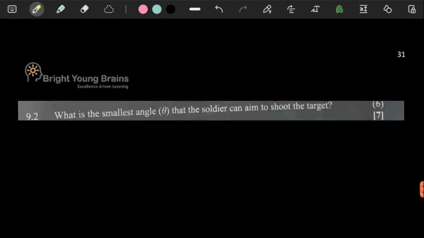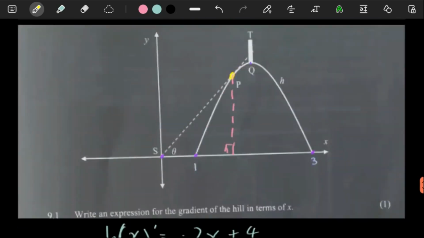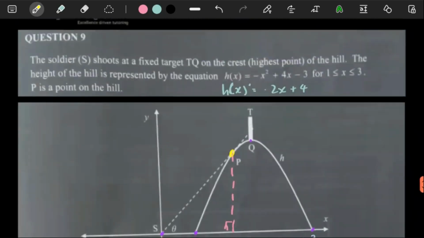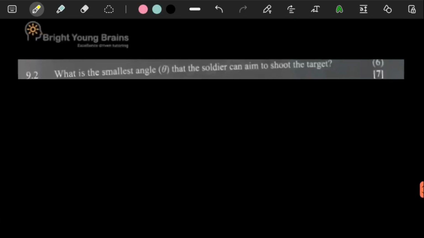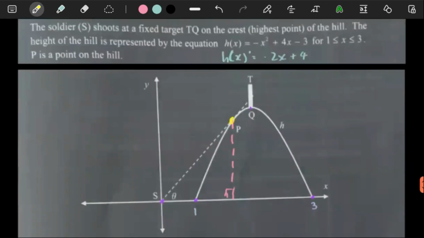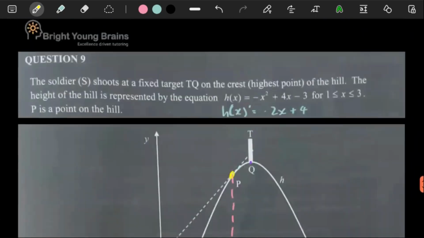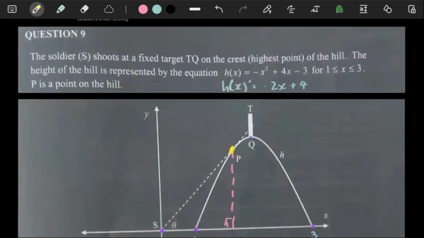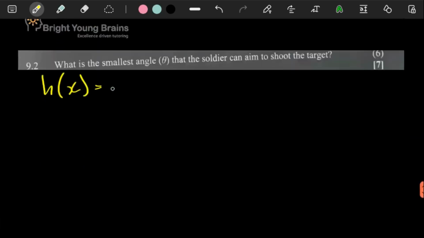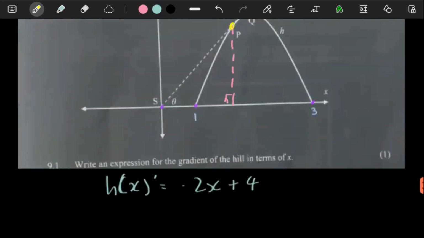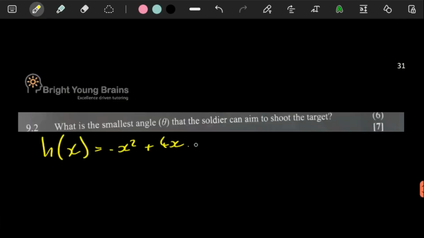So it's a tangent to a curve. So our tangent, what's the equation of our tangent? That's h. So h of x is equal to negative x squared plus 4x minus 3. Okay, there we go.